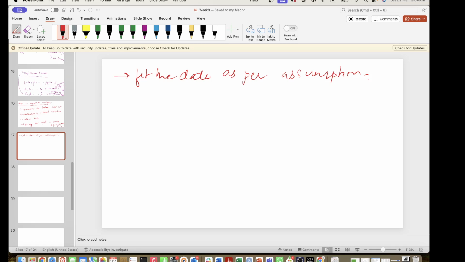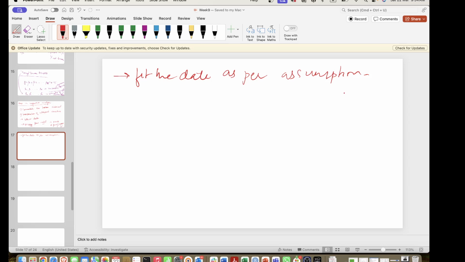And then now comes the point of fitting, which means that I have to get the estimates of the unknown parameters.